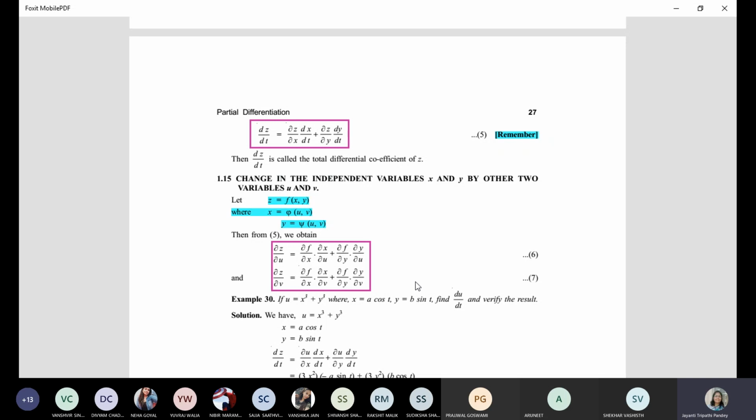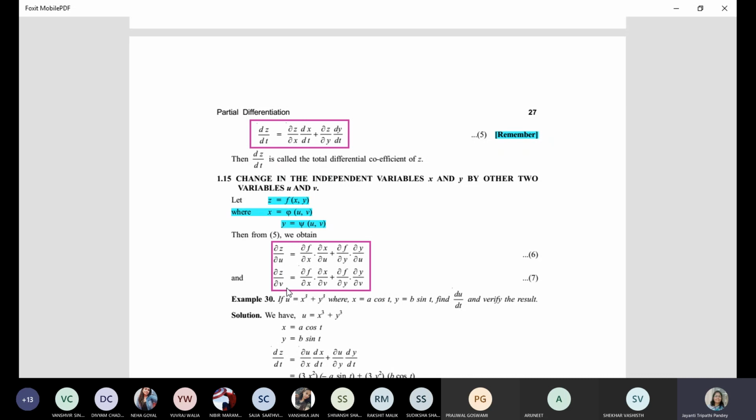Say yes or no. So the difference between this and this is that here you find d, which is a total derivative, but here it is a partial derivative of z.